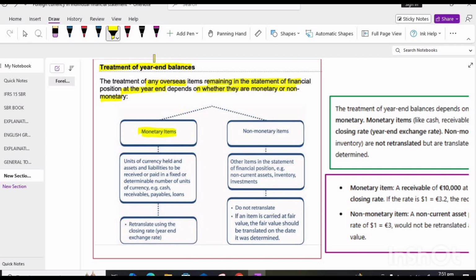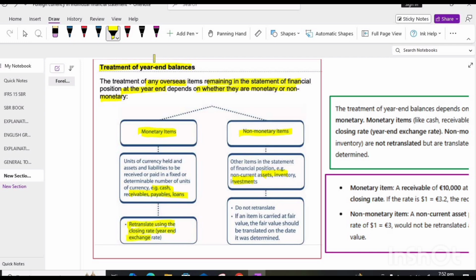By monetary items, we mean cash, receivables, payables, and loans. Non-monetary items are non-current assets, inventory, and investments. Clear? The monetary items should be retranslated using the closing rate, the year-end exchange rate.